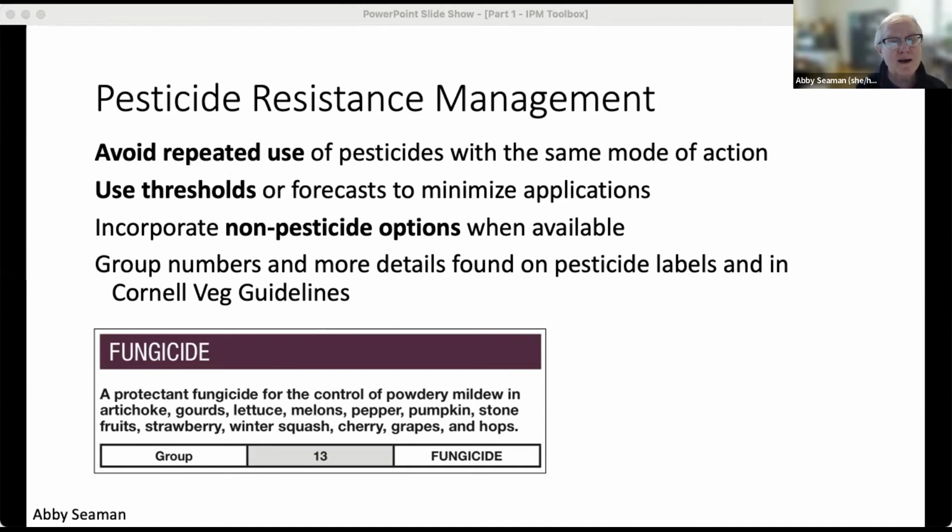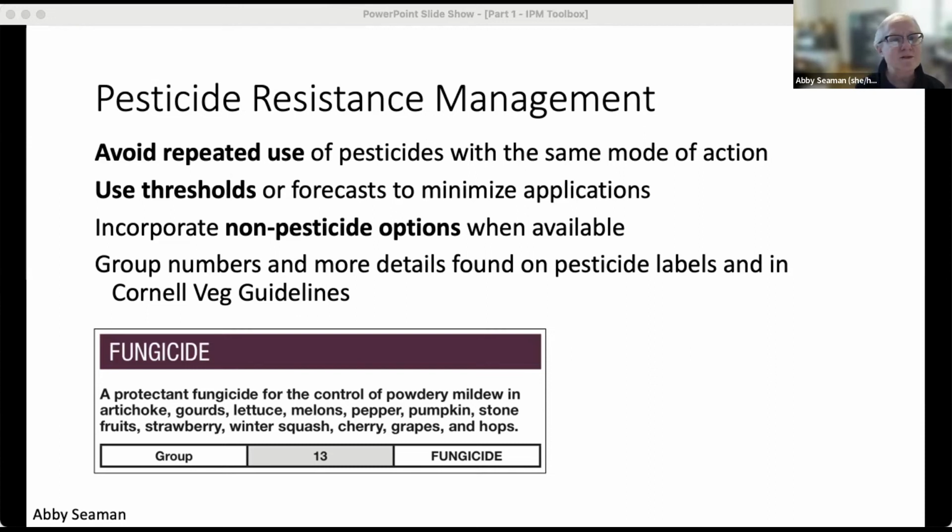And so you would want to not repeatedly apply pesticides from that same group in the same field in the same year. For insecticides, this can be especially important for small insects that have a lot of generations per year.